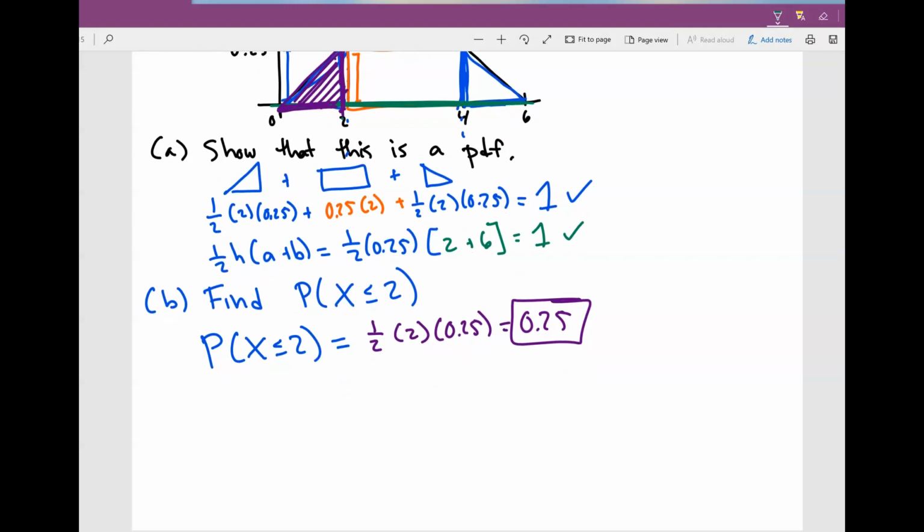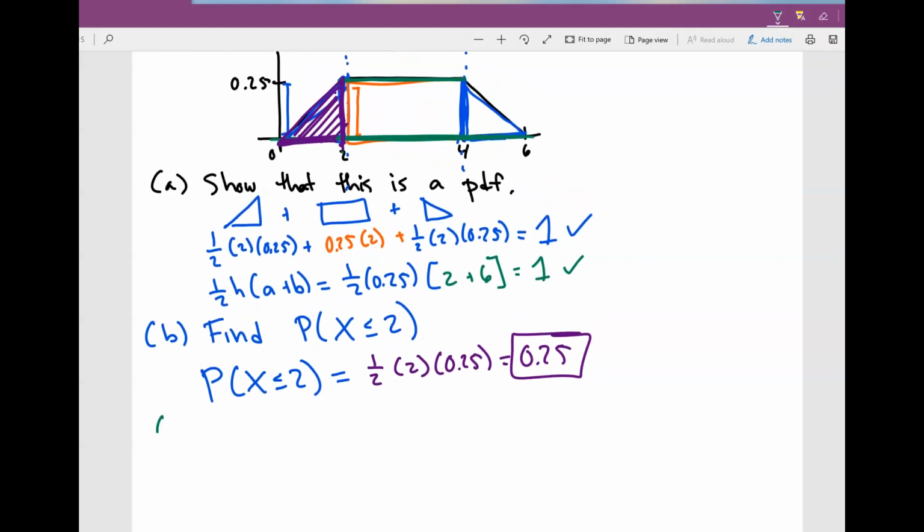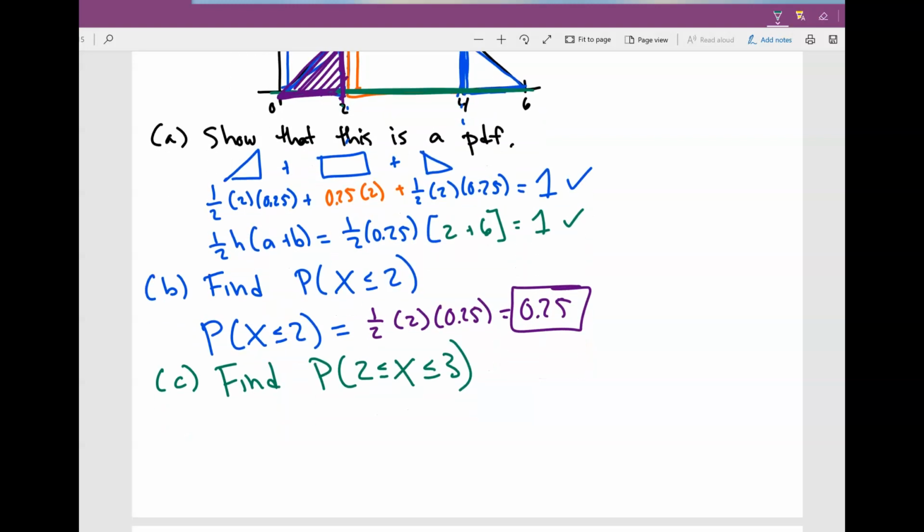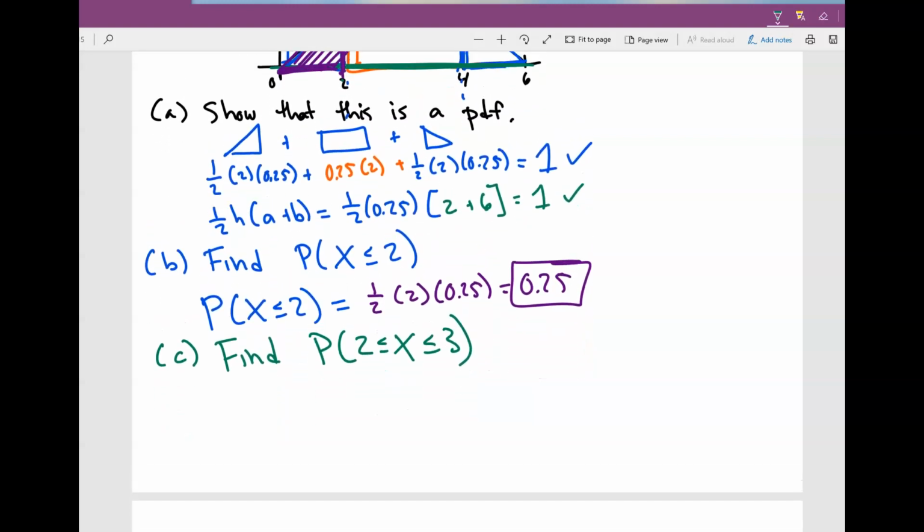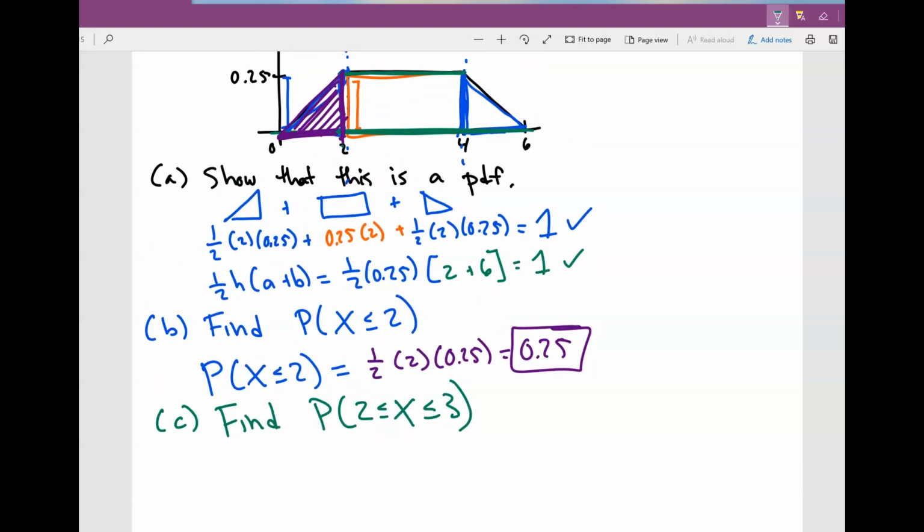Now what we want to figure out is part C. Find the probability that x is between 2 and 3. So 3 is going to be somewhere in the middle. Here is 3. Everything that's between 2 and 3 is going to be all of this, which is basically this box.